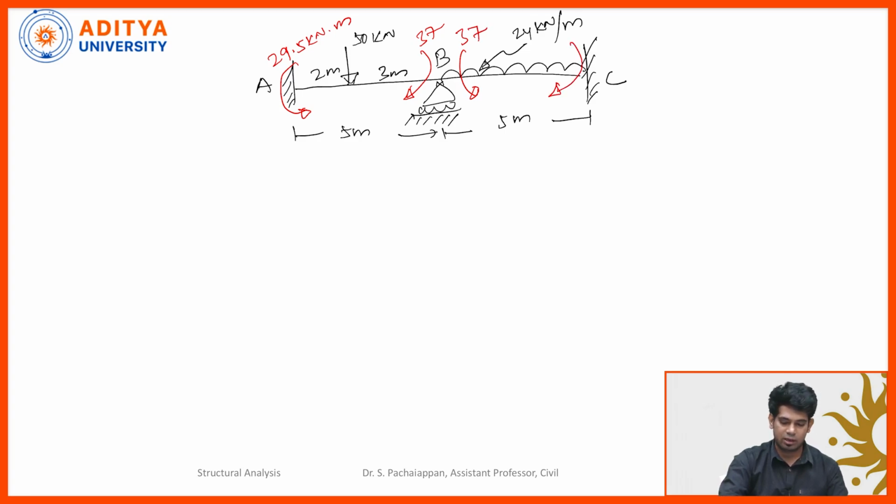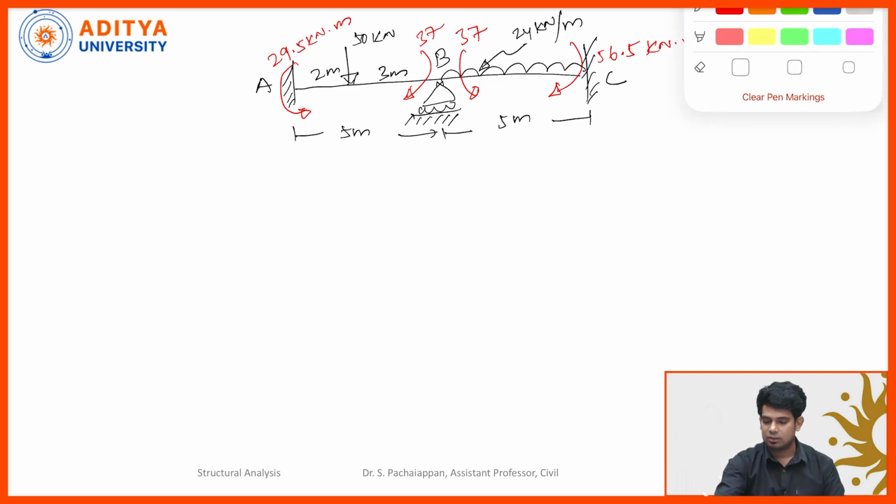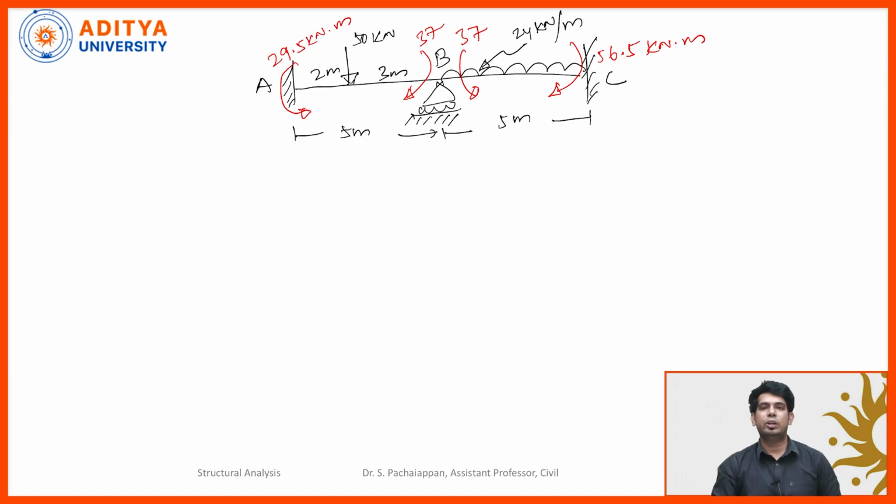At support C, we computed already, it's 56.5 kilonewton meter. In a fixed beam or continuous beam, in order to calculate the reaction forces, first we should know the end moments. By using the slope deflection method, we have already calculated the end moments. Now we are going to draw the shear force and then bending moment diagram.